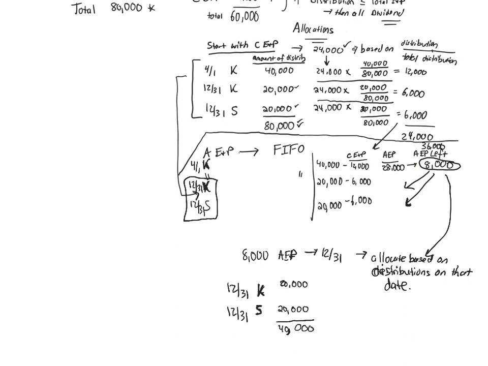Again, the rule is we're allocating based on the distributions on that date, a similar formula like we have here, but with respect to just that date. So if this was 30-10, you would take 30,000 over 40,000, 10,000 over 40,000. But it's going to be 20K over 40K total, and also 20K over 40K. We multiply that by the $8,000 we have to allocate.